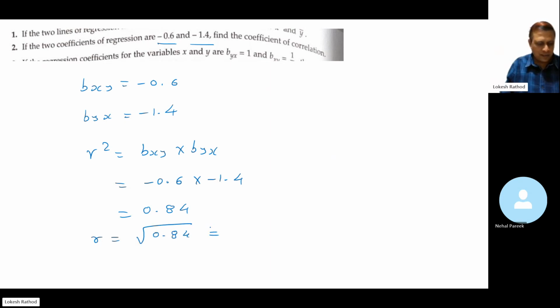Use the calculator. What are you getting? 0.916. See, it will be plus or minus, right? So do we take positive or negative?